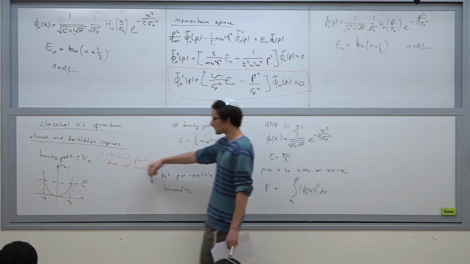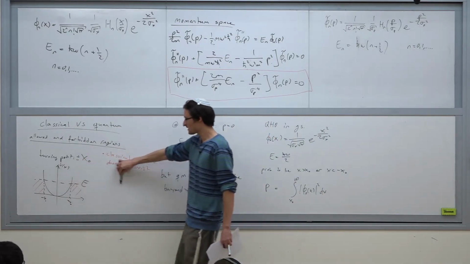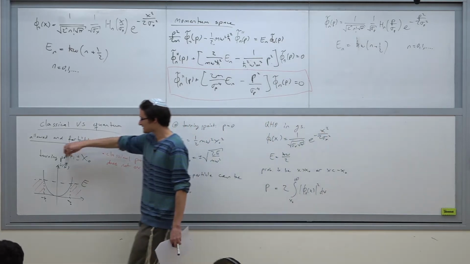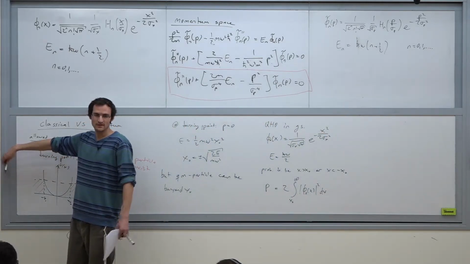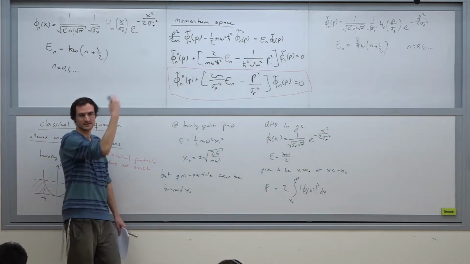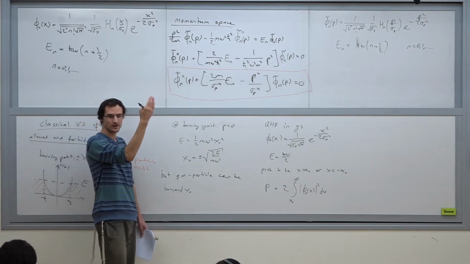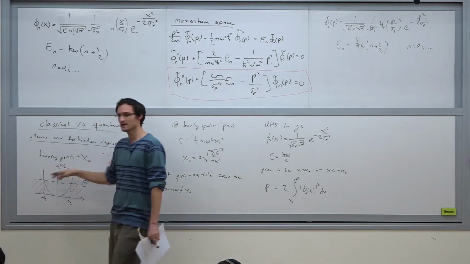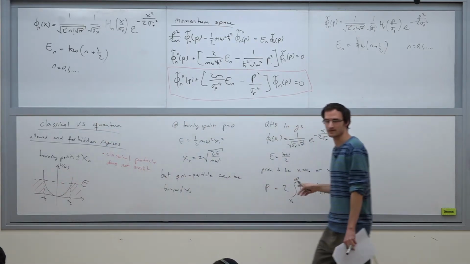So that's all of this region here to the right. And then I need to multiply it by 2, because that's the region on the left. I can also have two integrals, from minus infinity to minus x0, and then again from x0 to infinity. But of course, it's symmetric, so I can just solve one integral and multiply by 2.